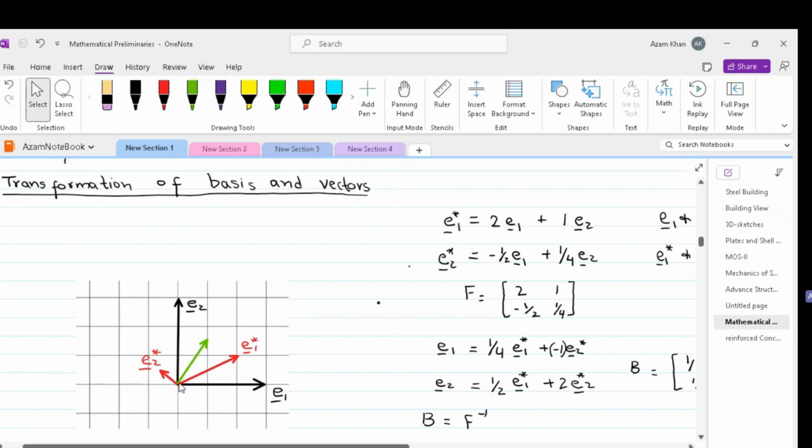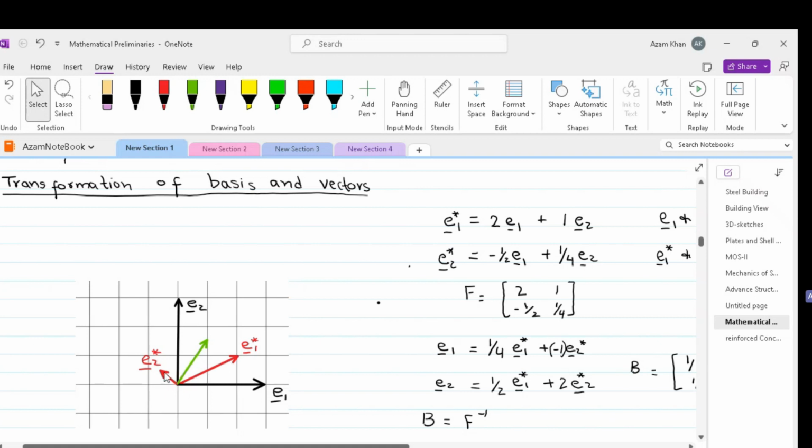So in order to define the new basis in the old basis, we can write E1 star as 2E1 plus 1E2. So E1 star is made up of two copies of E1 and one copy of E2. So this dimension of the E1 star basis is now defined in the old basis.